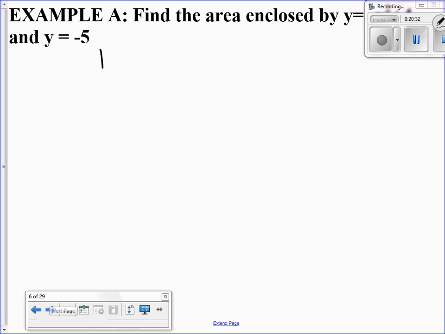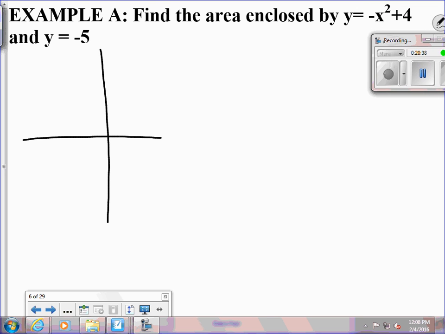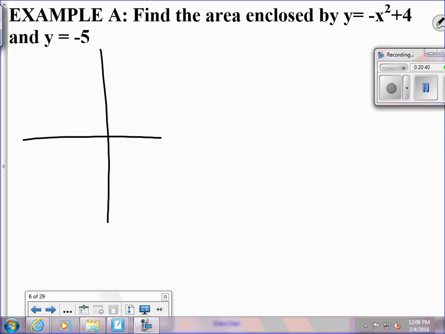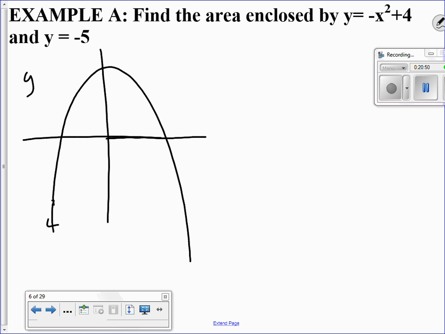Tell me what the graph of y equals negative x squared plus 4 looks like. A frown, right? There's that parabola.